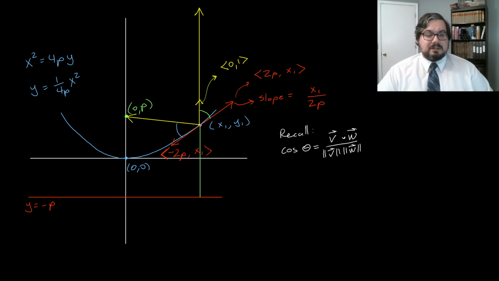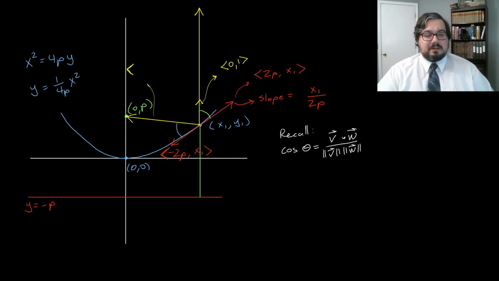So we'll get that as negative 2p, negative x1. That's our third vector. And then our last one is the vector that goes from the point x1, y1 to the point 0, p. And this one's going to be the most complex that we've got. But we know that we can compute the coordinates of a vector simply by taking the differences of the first coordinates and then the differences of the second coordinates.